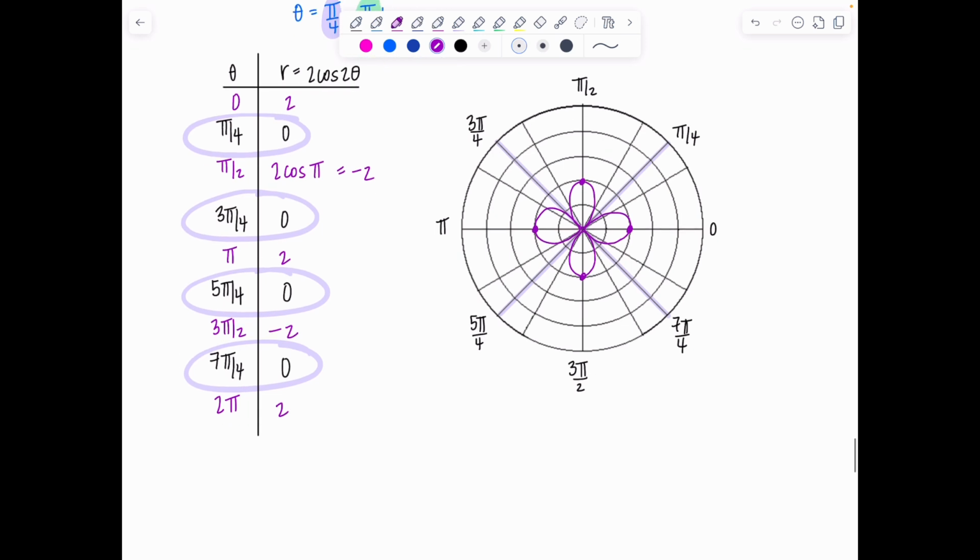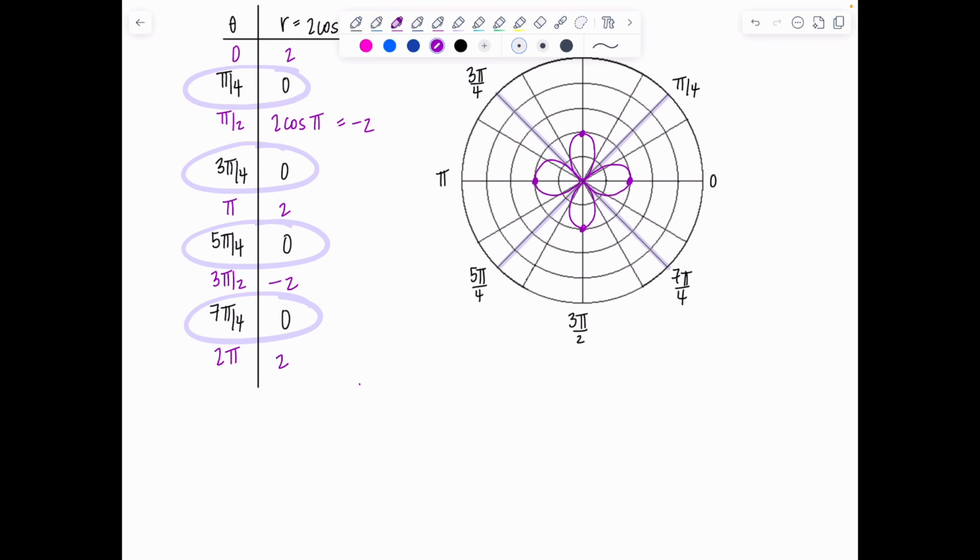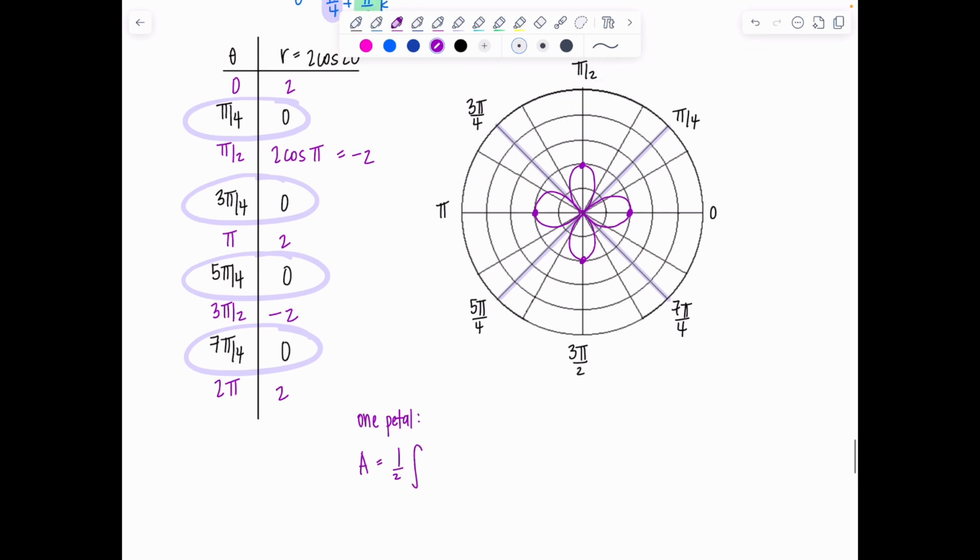If you want just the area of one petal, then you're going to do 1/2 integral. Now look at the limits of integration for one petal. So don't go 7 pi over 4 to pi over 4. No, that doesn't make sense. You can call this negative pi over 4 to pi over 4 when you set up your integral.